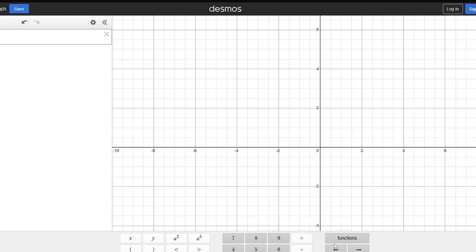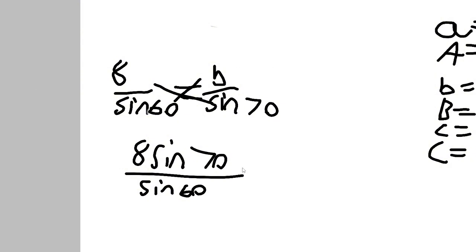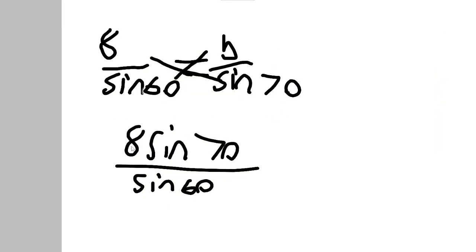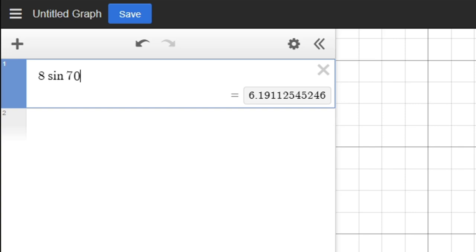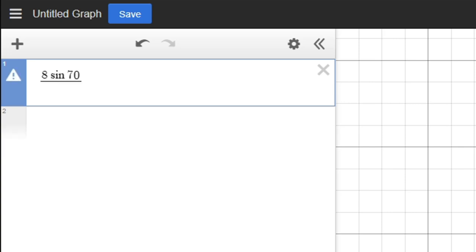Now, if you're on a computer, you can type sine, or you can go to ABC and type it there yourself. Then if we go back to our equation here, we have 8 sine of 70 divided by sine of 60.